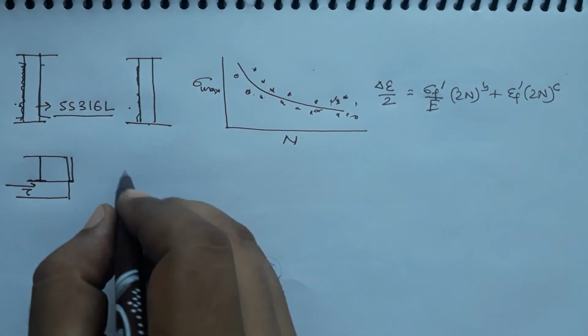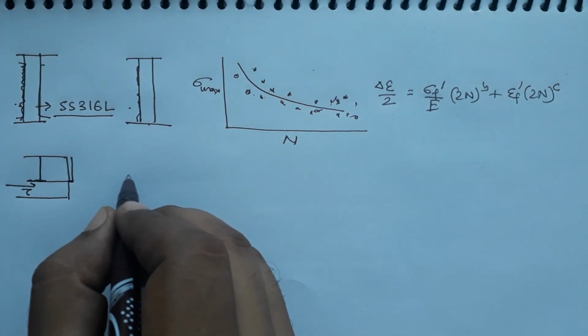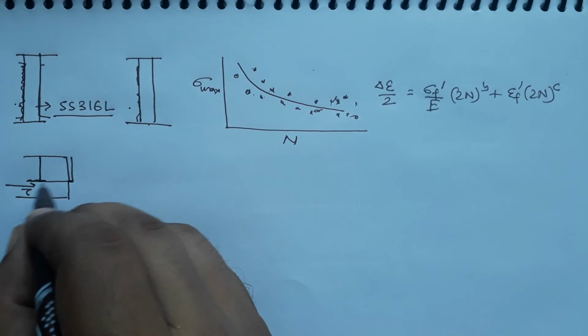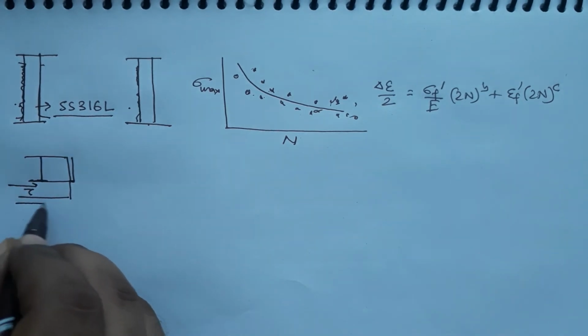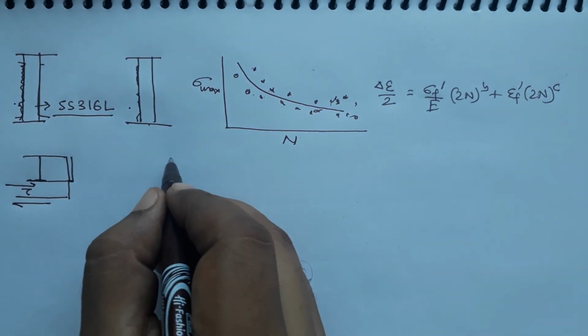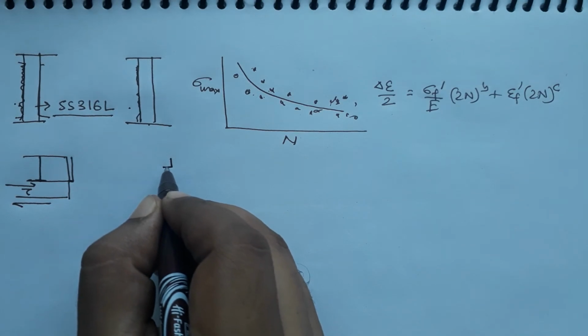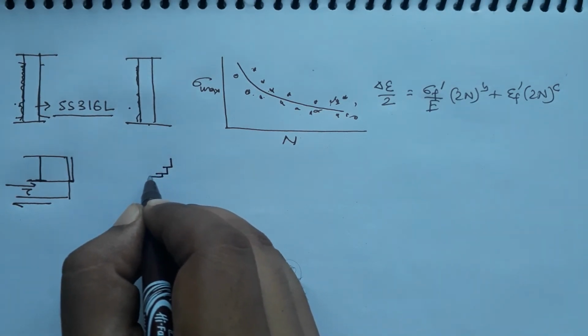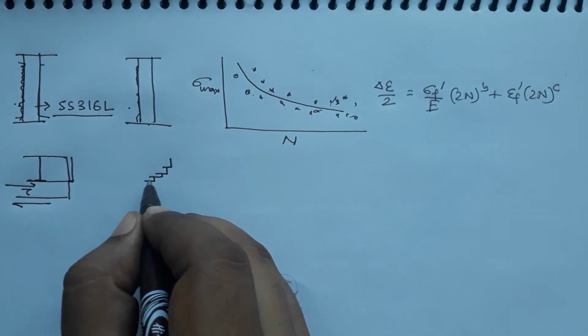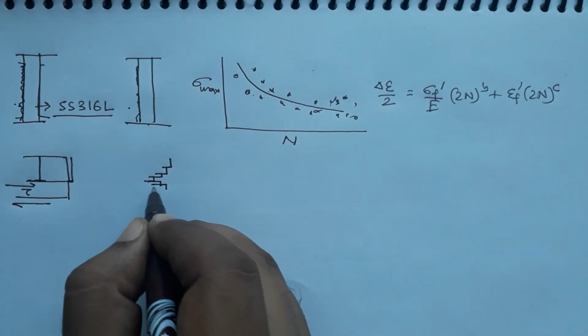In fatigue loading, once you apply a stress in this direction, in the second cycle you apply the stress in the reverse direction. So, you will have step formations which may result in this kind of notches.